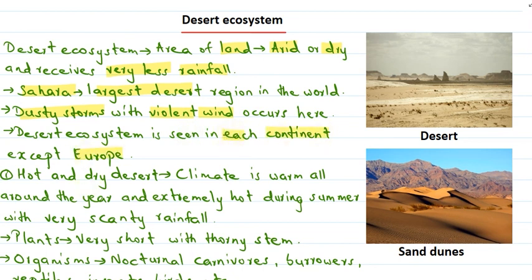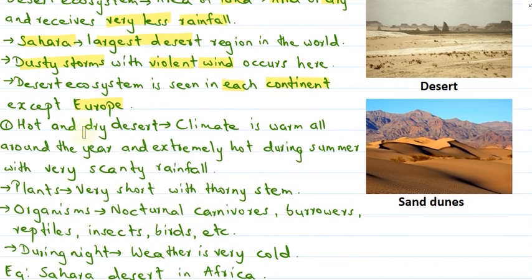Okay, so there are four different types of desert ecosystem. So first we talked about hot and dry desert. So what happens in hot and dry desert? The climate of this region is warm all around the year, and it is extremely hot during summer, and it receives very scanty rainfall.